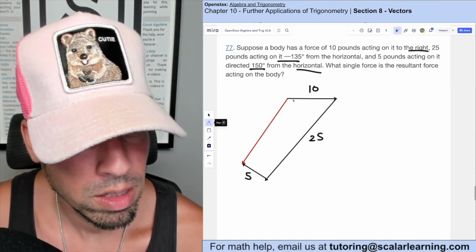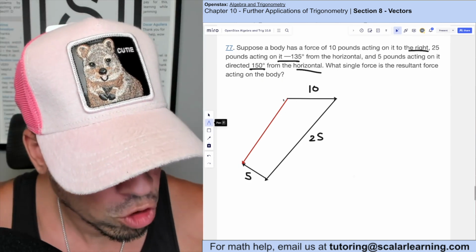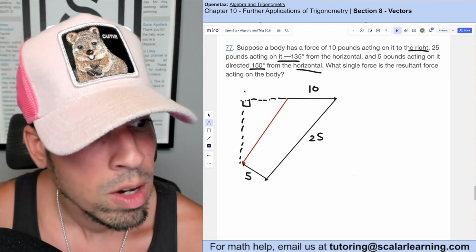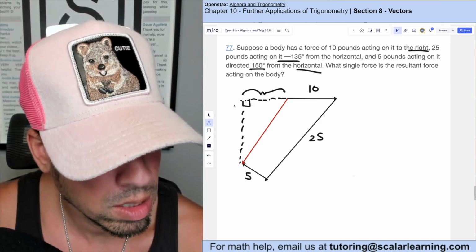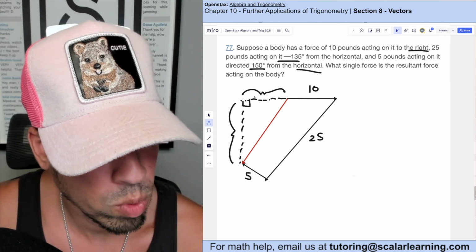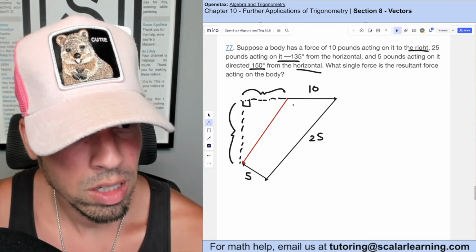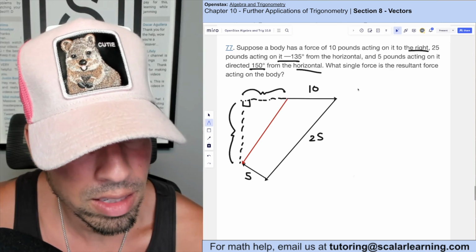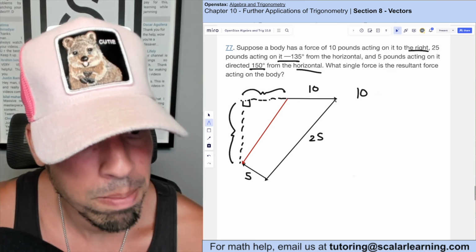The way we can figure this out is by making a little makeshift triangle here, and let's make that a nice 90-degree angle. We need to figure out this value and this value, aka the width and the height. We've gone 10 exactly to the right, then we're going backwards this way.